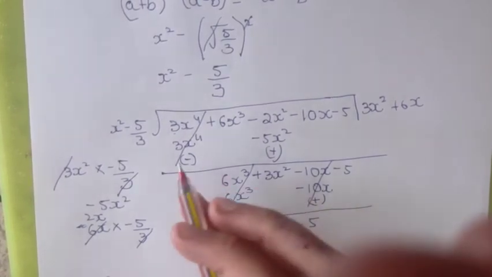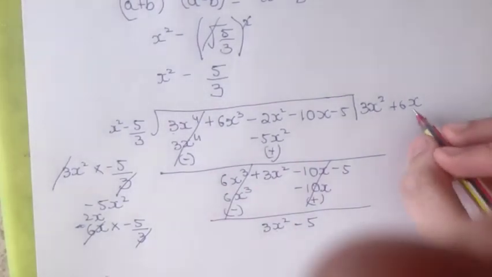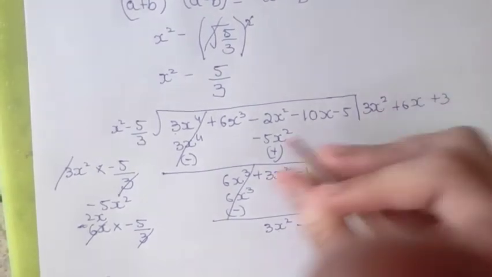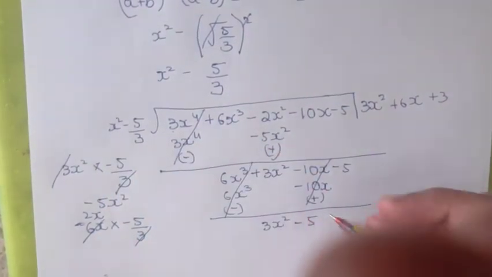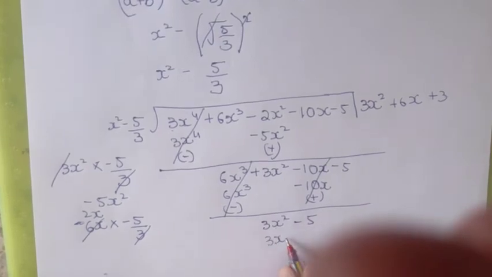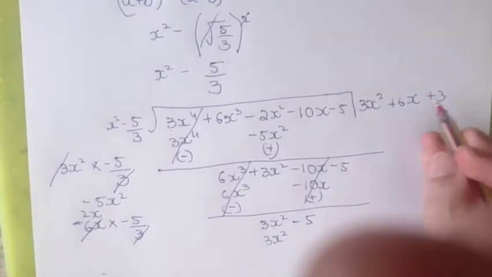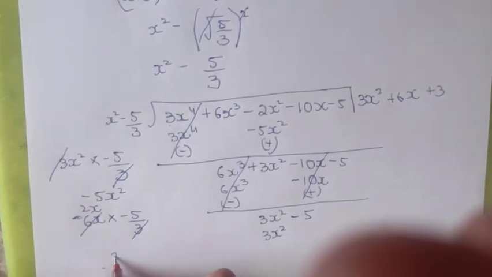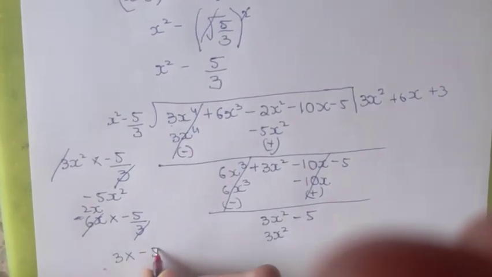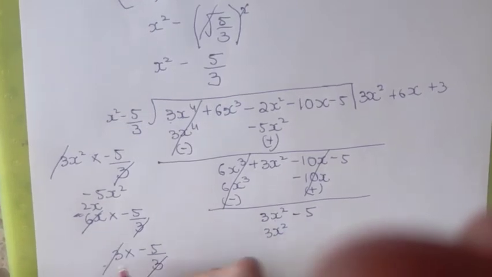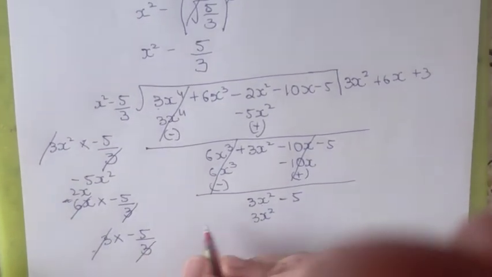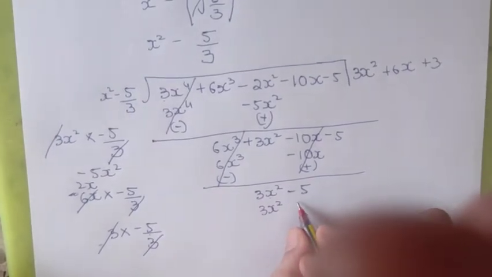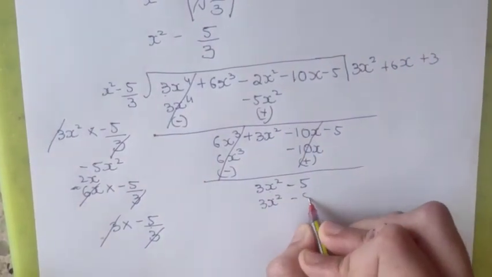Here we want 3x square, so I am multiplying by plus 3. Plus 3 into x square is 3x square, and 3 into minus 5 by 3: the 3 in the denominator and the numerator cancel, that becomes minus 5.